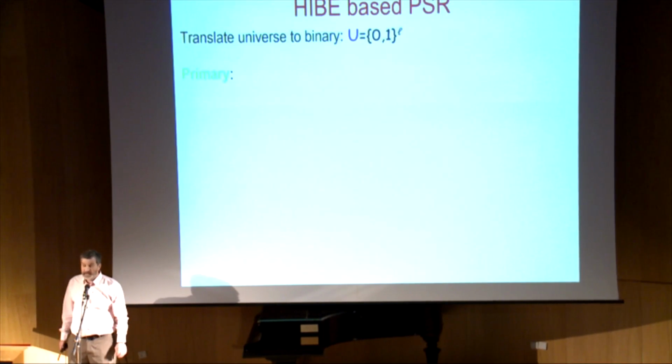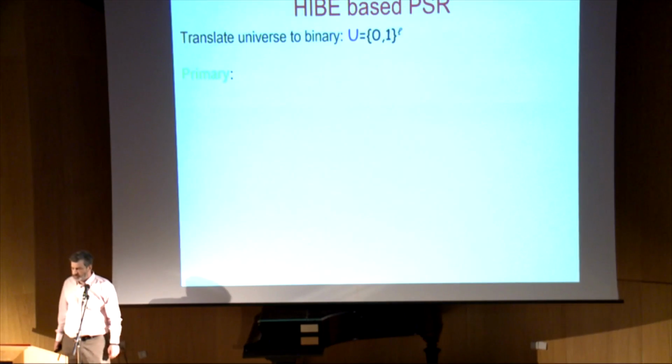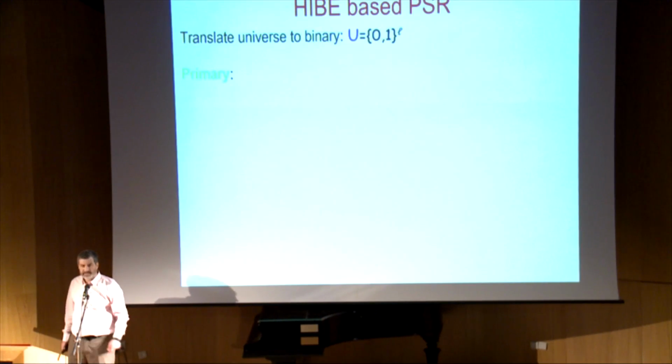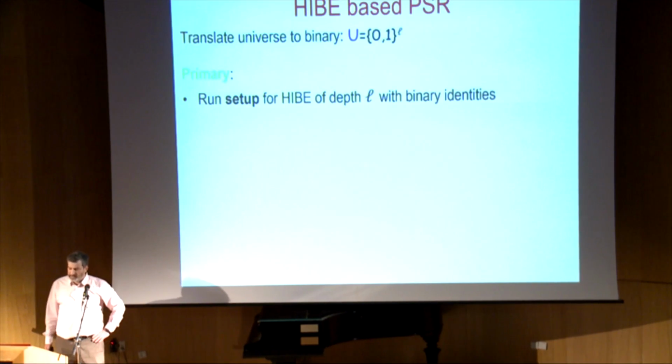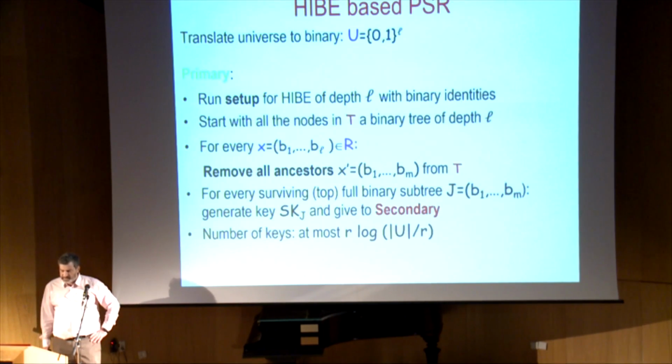Now we claim that you can use HIBEs in order to construct PSRs. We have our universe, which we think of as L bits. The primary runs the setup of a HIBE of depth L with binary identities.